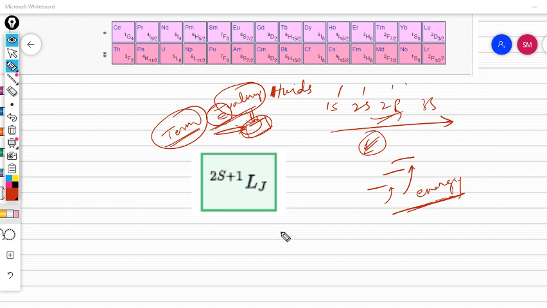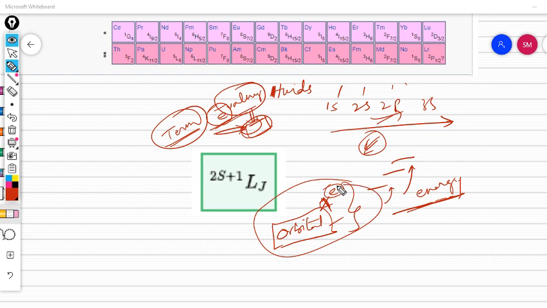Based on the orbital angular momentum as well as the electronic spin. These two energies combine together to give the energy of a particular orbital. The term symbol does the same thing.